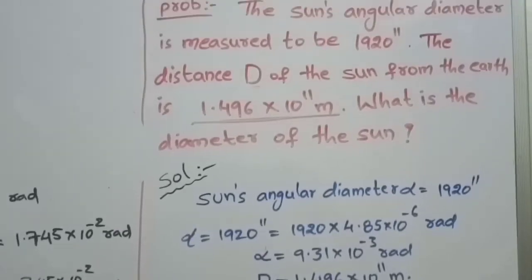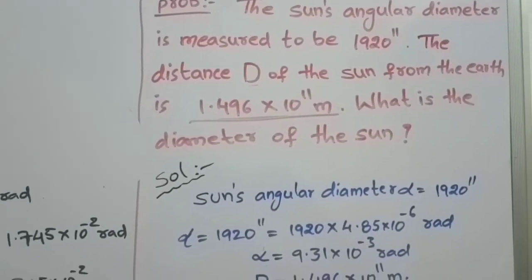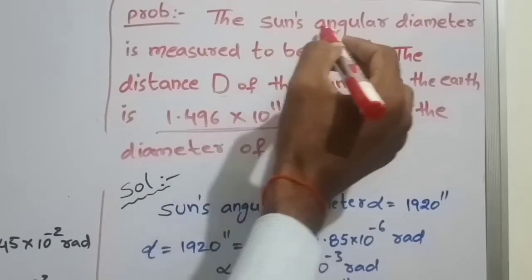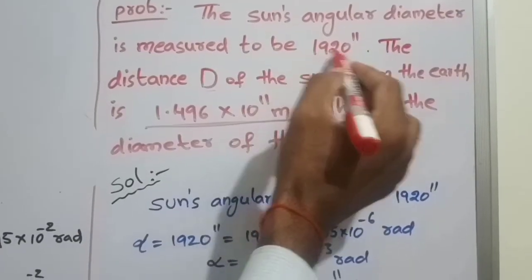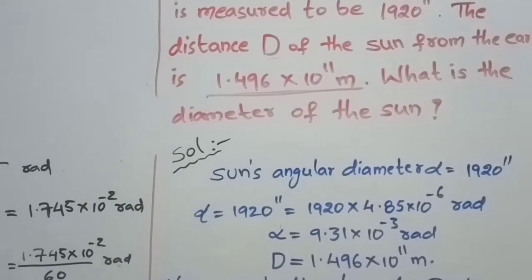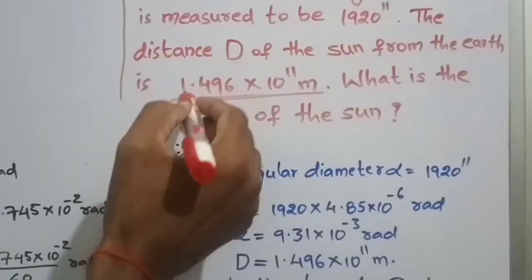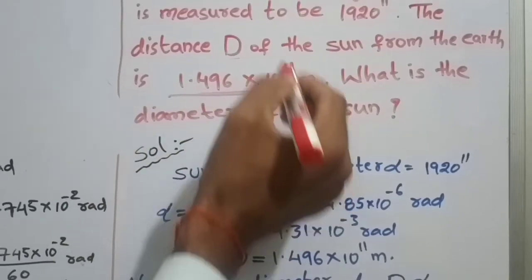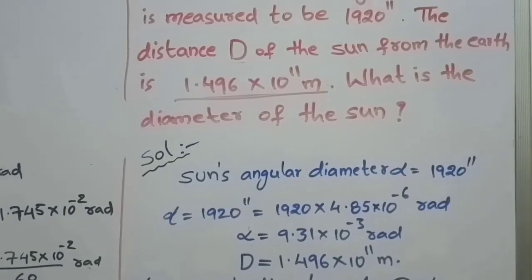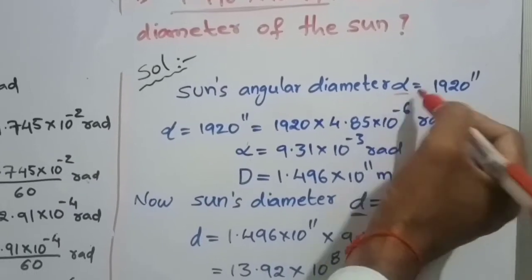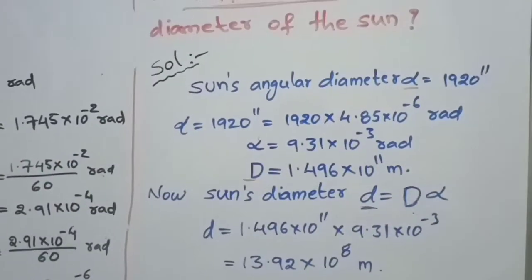In this problem we are given two pieces of information: the sun's angular diameter, 1920 seconds, and the distance of the sun from the Earth, 1.496 into 10 to the power of 11 meter.